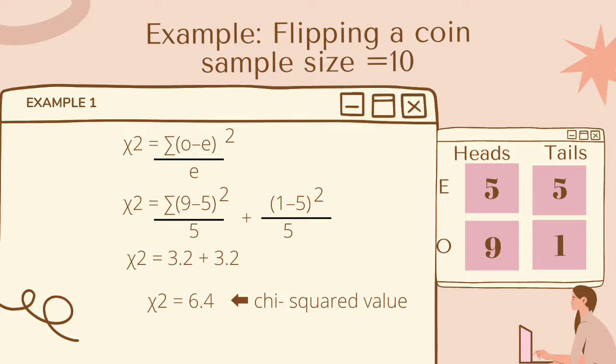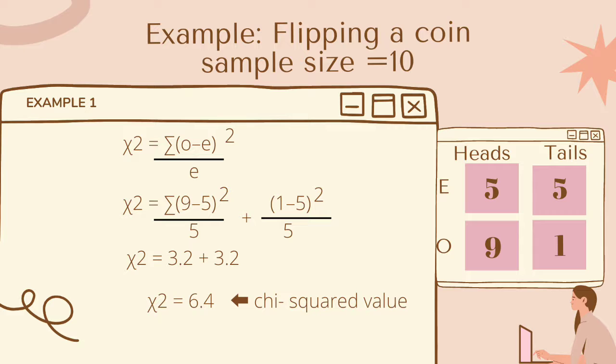Now for the tails. 1 minus 5 is equal to negative 4. Negative 4 squared becomes positive 16, because negative times negative is equal to positive. So the tails is the same as the heads, which is 16 over 5.